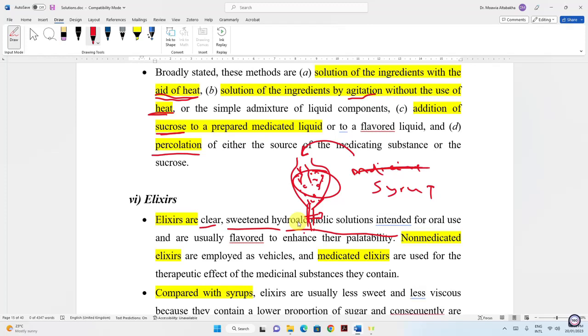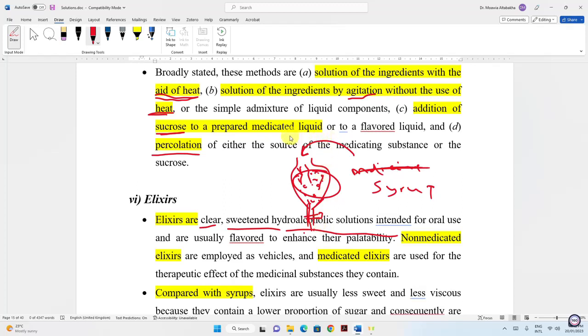Okay, so elixirs are sweetened just as syrup, but here the sweetness is much less than in syrup. The vehicle is always hydroalcoholic, but that is rarely the case in syrup.